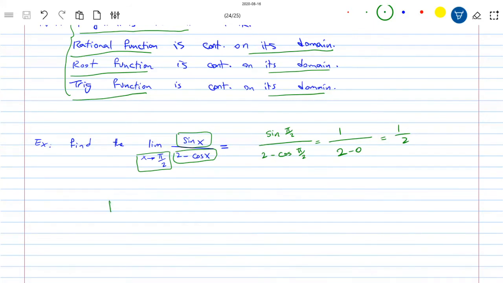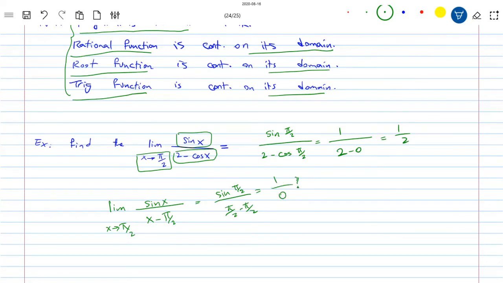This is not true if you were dealing with something like sine x divided by, I don't know, x minus pi, as x approaches pi. You cannot say, okay, let's replace x with pi, since that would be 1 divided by 0.